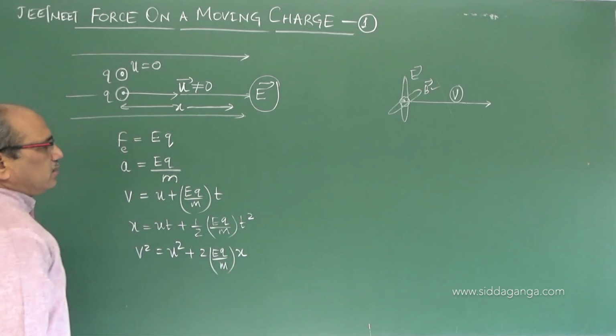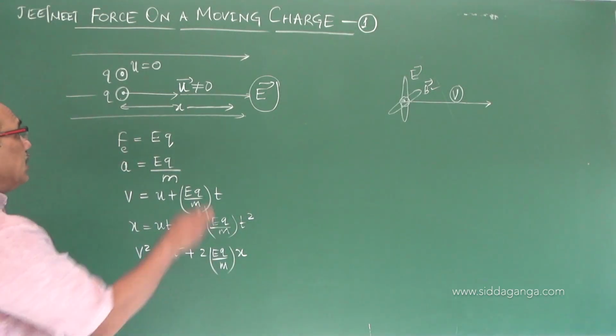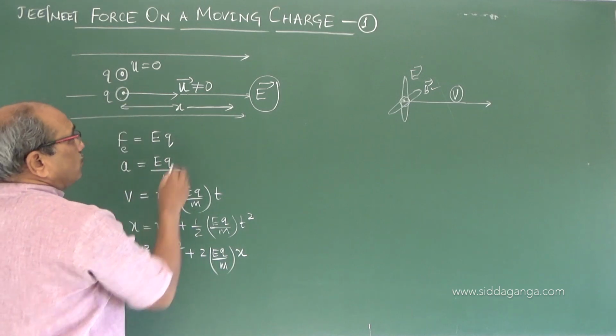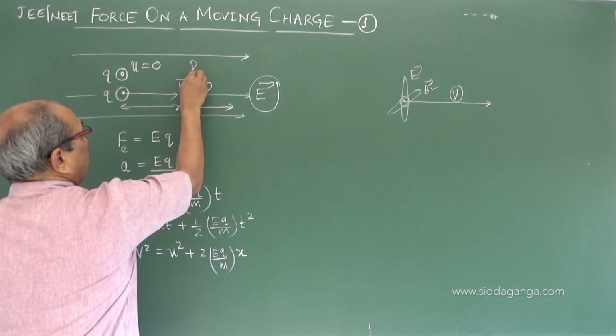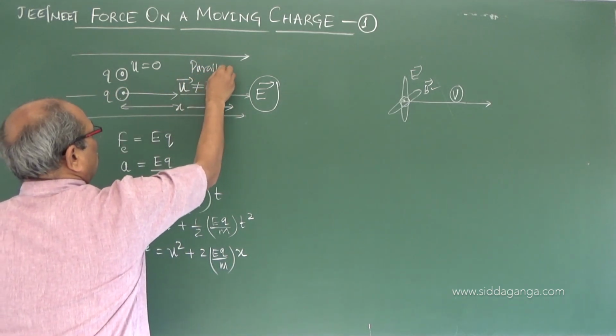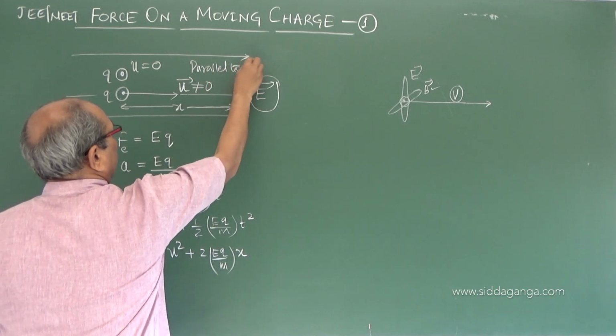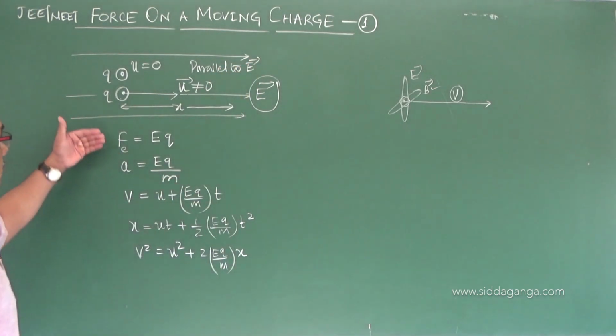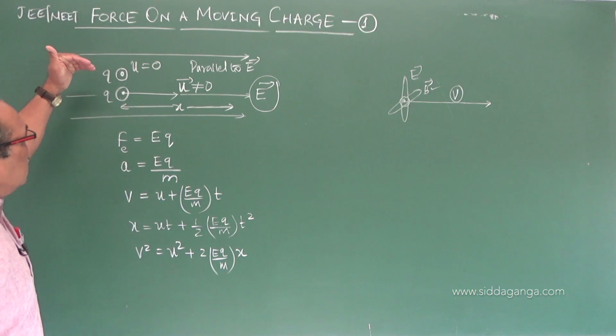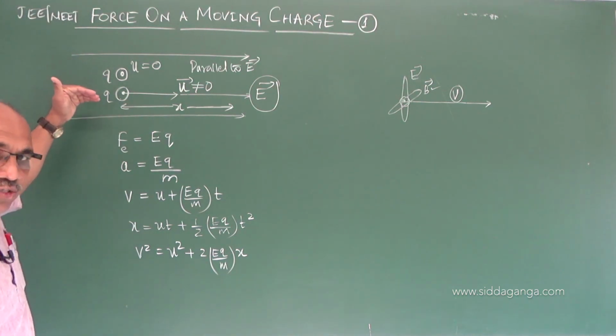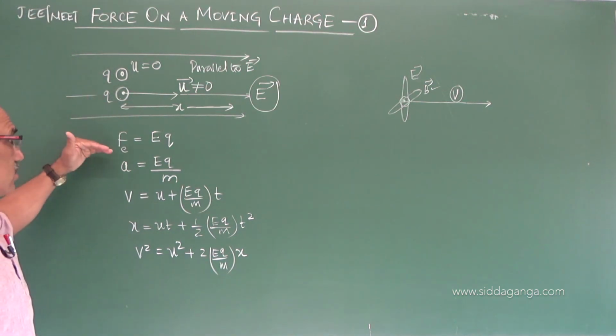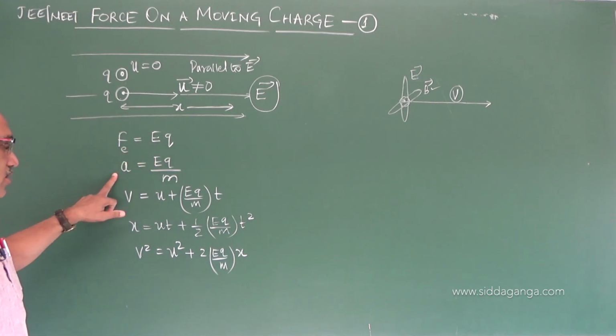So regarding a charge moving parallel to the electric field, we have come to know that whether the charge is at rest in the electric field or moving, it experiences a force EQ or acceleration.